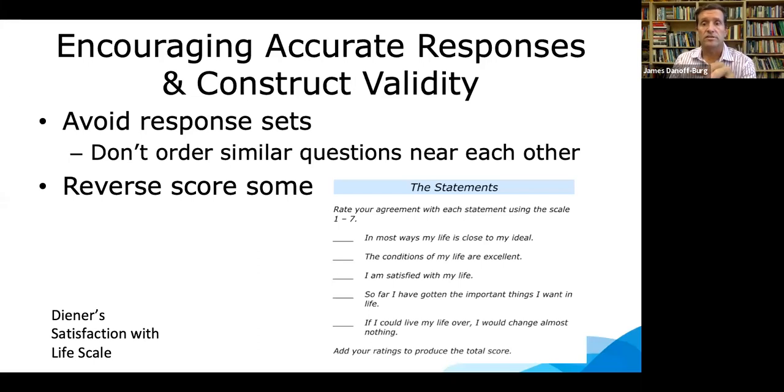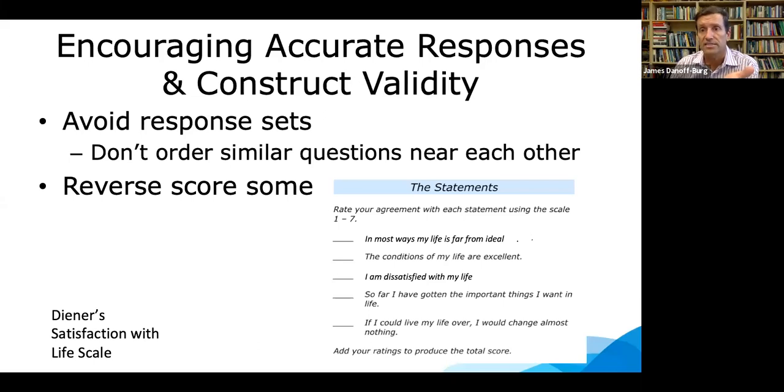So I'm going to take 2 of those questions and change them around, and you'll be able to see by the font being different. So I took the first question and the third question and reverse scored them. So the first question was, in most ways, my life is close to my ideal. And I reworded it so that it would be reverse scored to read, in most ways, my life is far from ideal, right?